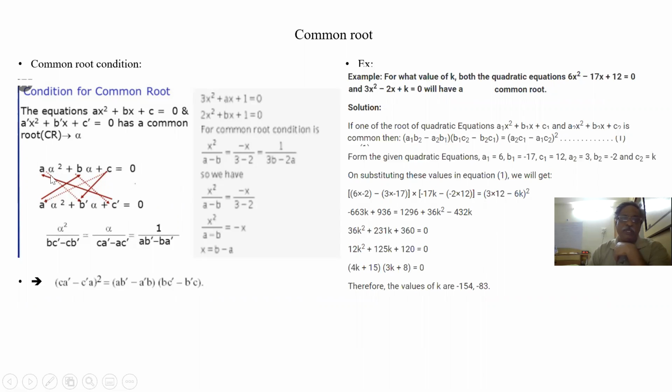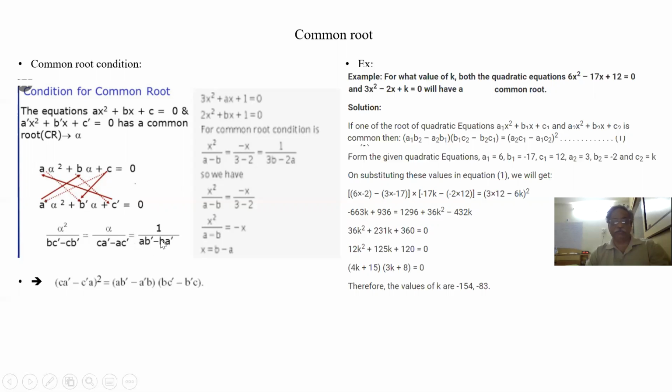When I am solving this, I get alpha square by bc dash minus cb dash, is equal to alpha by ca dash minus ac dash, is equal to 1 by ab dash minus ba dash.